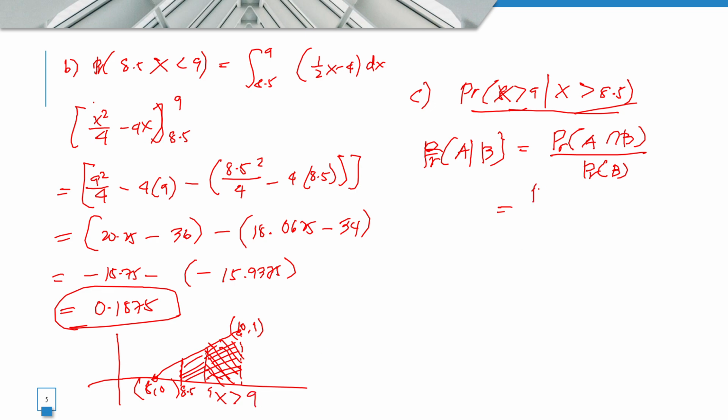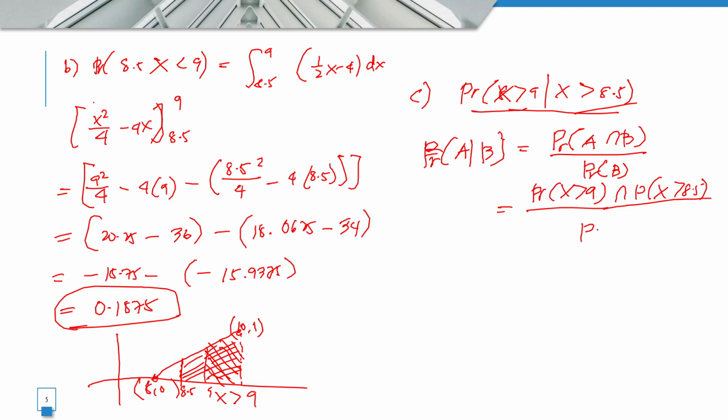Therefore, the probability of x is greater than 9, we could simplify here, because we have the probability of x greater than 9 intersection x greater than 8.5. This is how to write it.